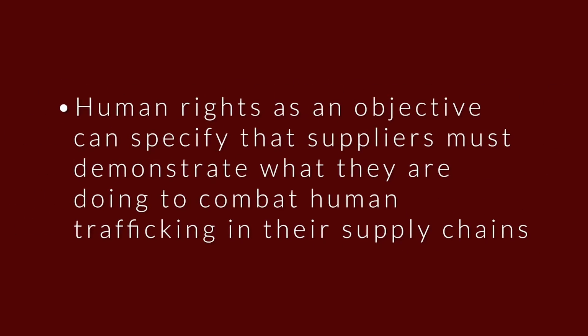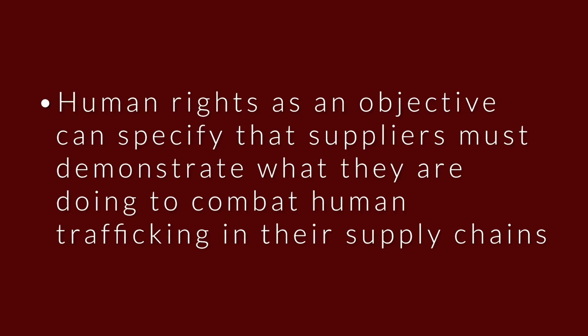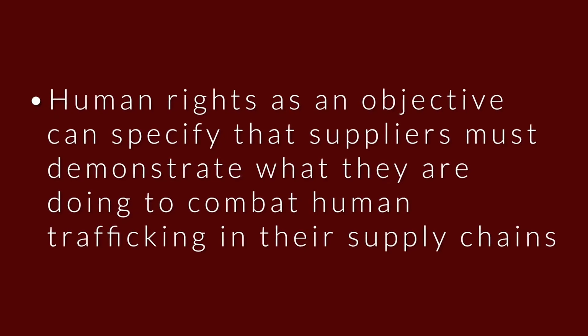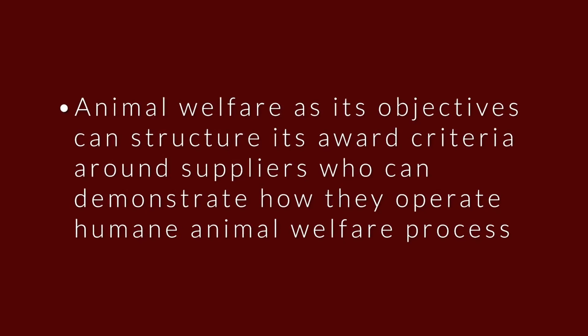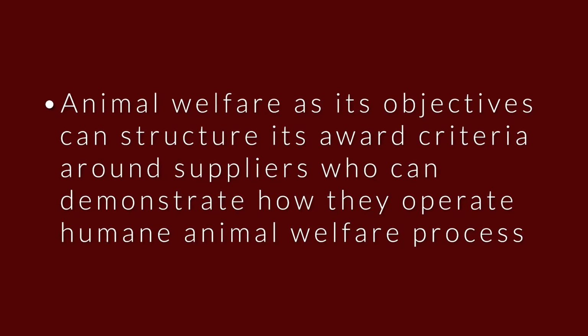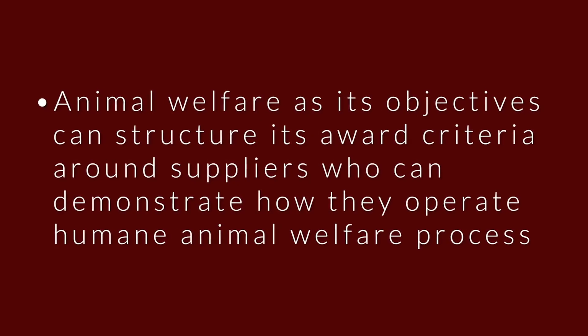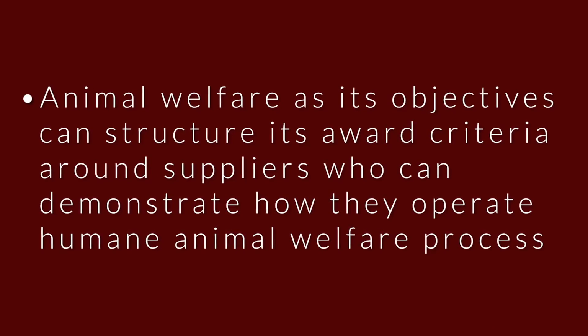Human rights as an objective can specify that suppliers must demonstrate what they're doing to combat human trafficking in the supply chain. Animal welfare as an objective can structure its award criteria around suppliers who can demonstrate how they operate humane animal welfare processes.